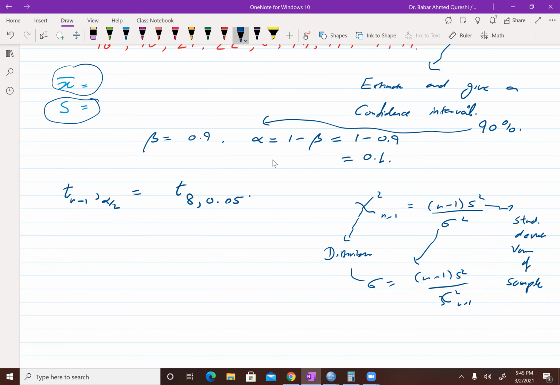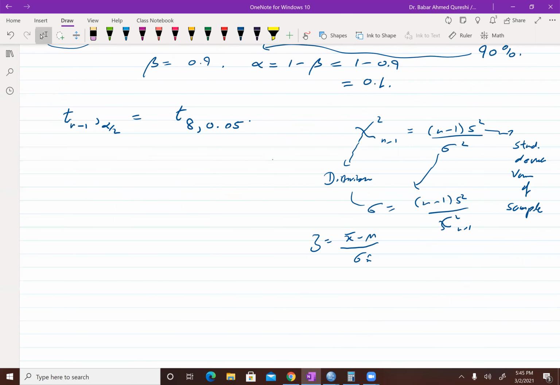So when you put this in your standard formula, you are defining a variable which looks like the standard normal, which usually you define this way, where this is the standard deviation of the sample mean, which is equal to sigma over under root n.